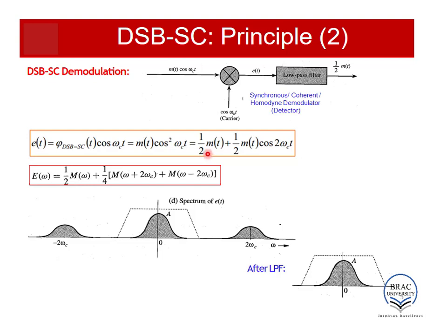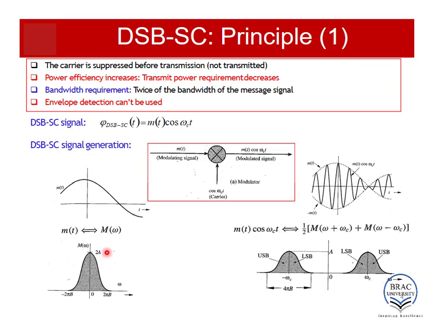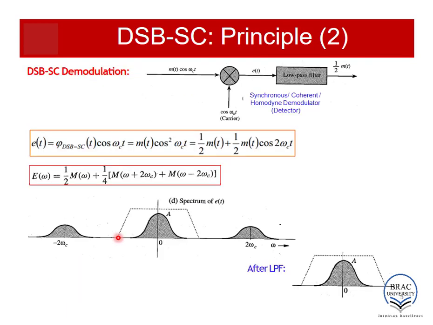Now let's analyze this signal in the frequency domain. So what will be the Fourier transform of this whole portion? This is half m(t), and as we said in the previous slide, this was the frequency spectrum of the original message. So simply half m(t) will result in half M(ω) in the frequency domain.